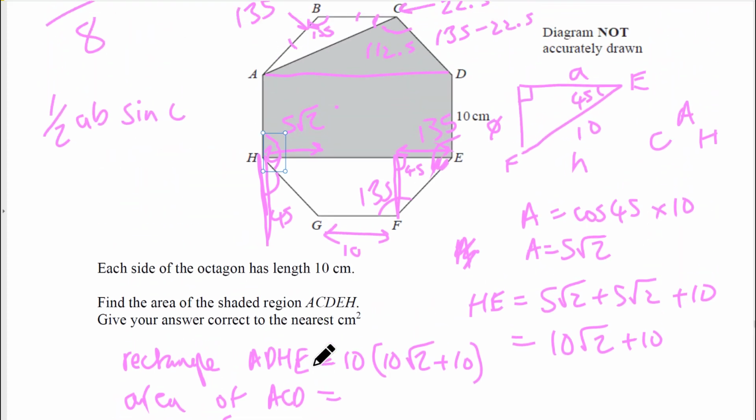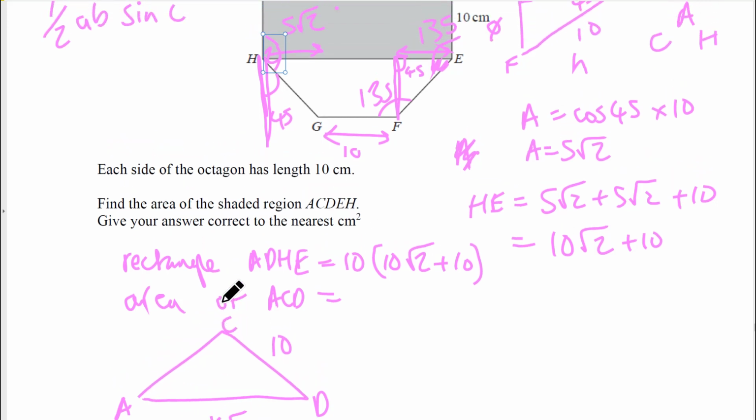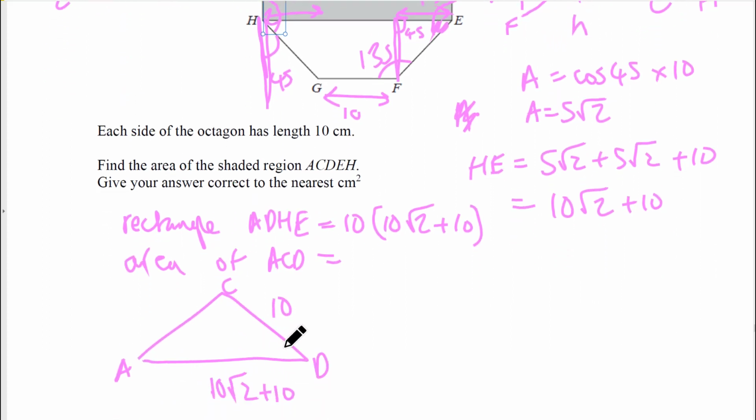Now it might be easier because can you see we've got this length, which is 10 root 2 plus 10, and we know this length here is 10. So actually I don't need to use this angle here. I can use, because we want sine C, so let's make sine C this angle here, so that we can make this A and B, if that makes sense.